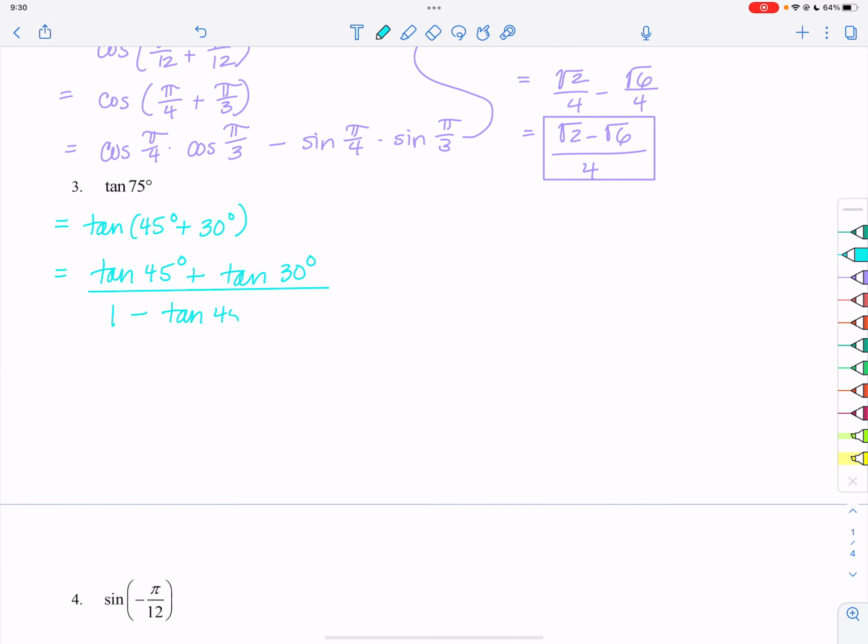The tangent of 45 degrees multiplied by the tangent of 30 degrees.